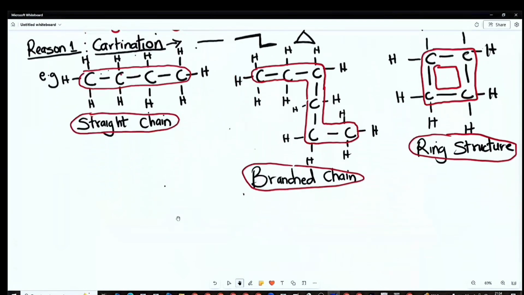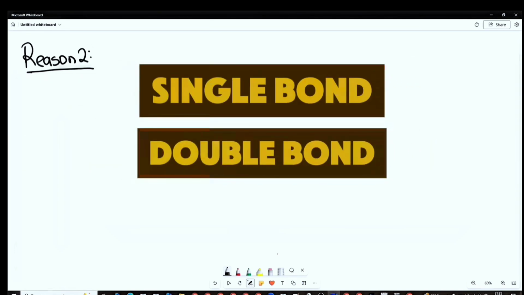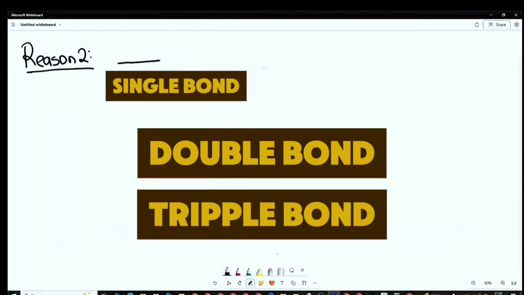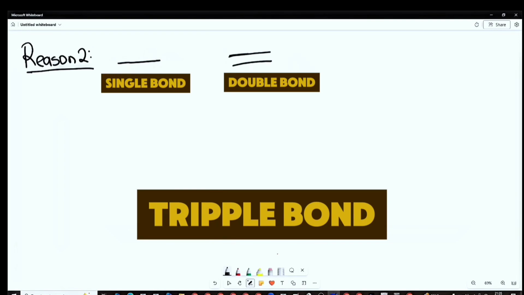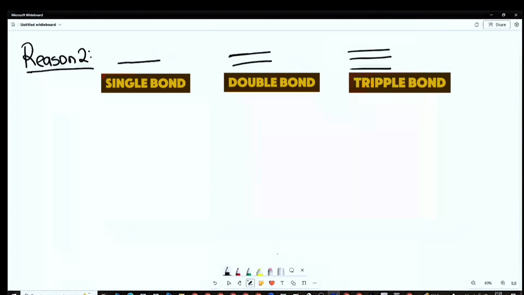Reason number two is that carbon has the ability to form single bond, double bond, or triple bond, right? Only carbon has this ability.